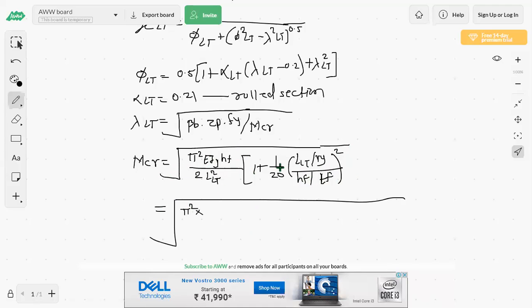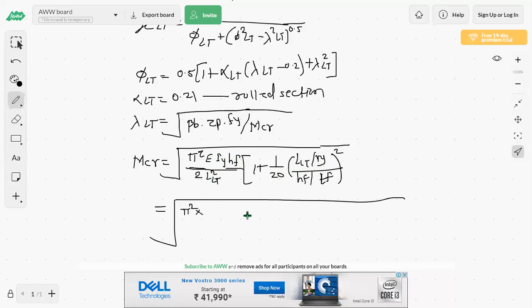MCR is equal to under root of pi square E IY HF divided by 2 LLT square, in bracket 1 plus 1 by 20 LLT by RY, divided by HF by TF square.